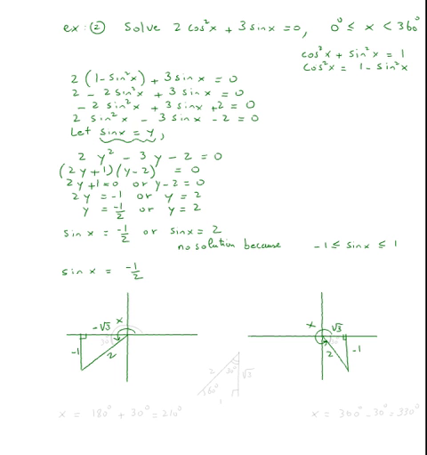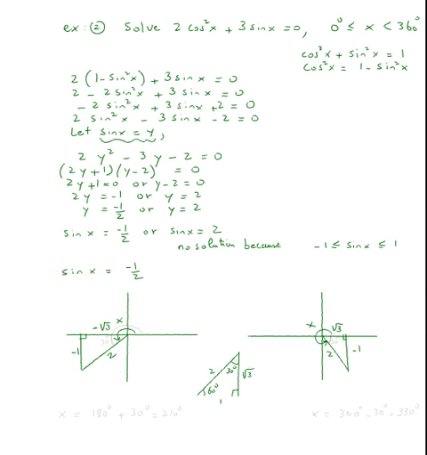You're supposed to remember the side lengths of this special right triangle. This is square root of 3, this is 2, this is 1, 30 degrees, and this is 60 degrees.